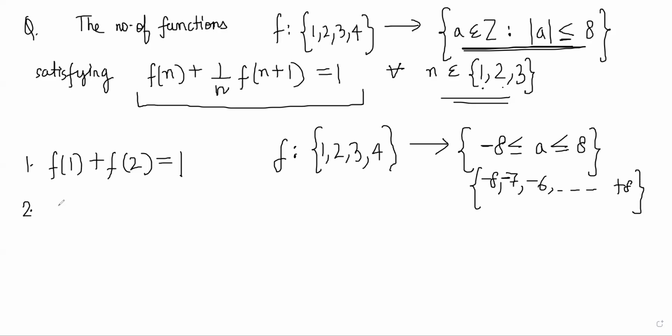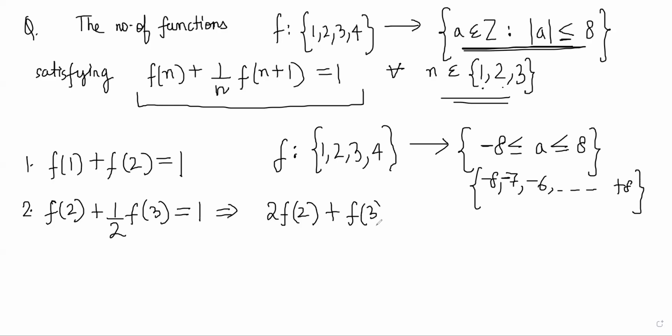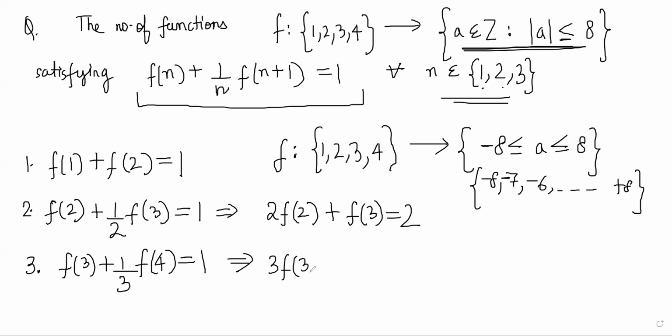The second condition, for n = 2, gives f(2) + (1/2) f(3) = 1, which can be rewritten as 2f(2) + f(3) = 2. And finally, when you put 3, you get f(3) + (1/3) f(4) = 1, so 3f(3) + f(4) = 3. Correct? Yes.